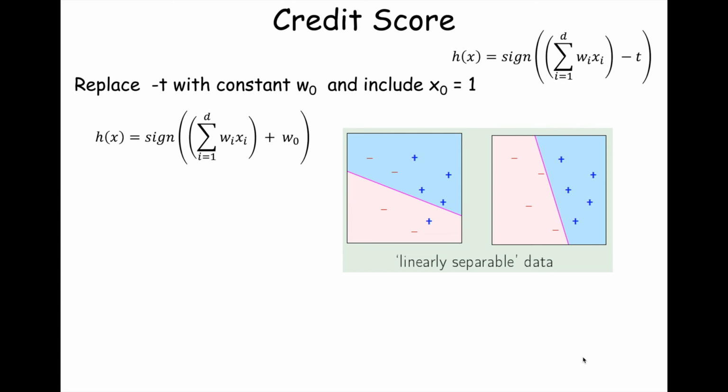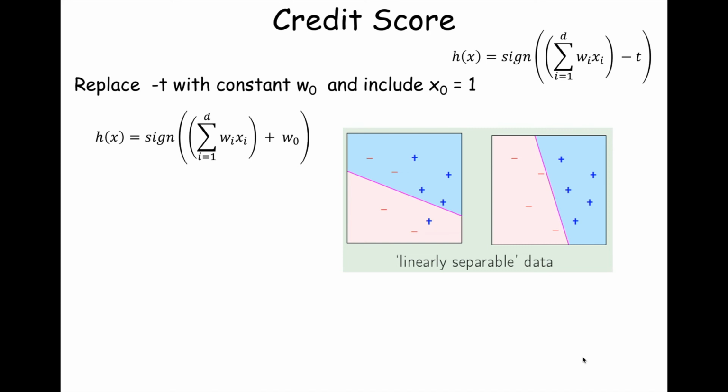So now you notice I have d many terms here, wi xi. I also have a w naught times x naught. So now I'm going to roll this term, the addition of this term, into the summation. And when I do so, I can write it compactly by changing the index to 0, changing that to d, and say wi xi, right?